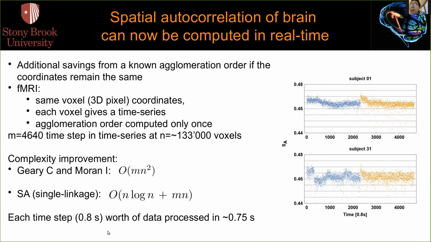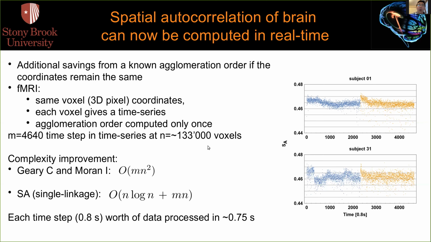Unfortunately, with Geary C and Moran's I, due to the n squared memory requirements, given n is about 130,000, we were not able to compute comparable statistics. So we don't have times for Geary C and Moran's I in this case.